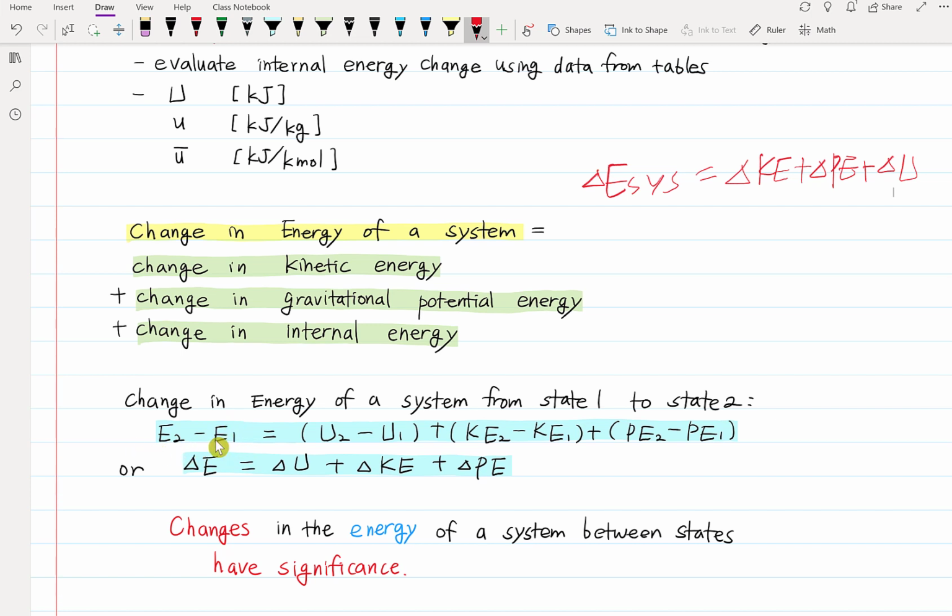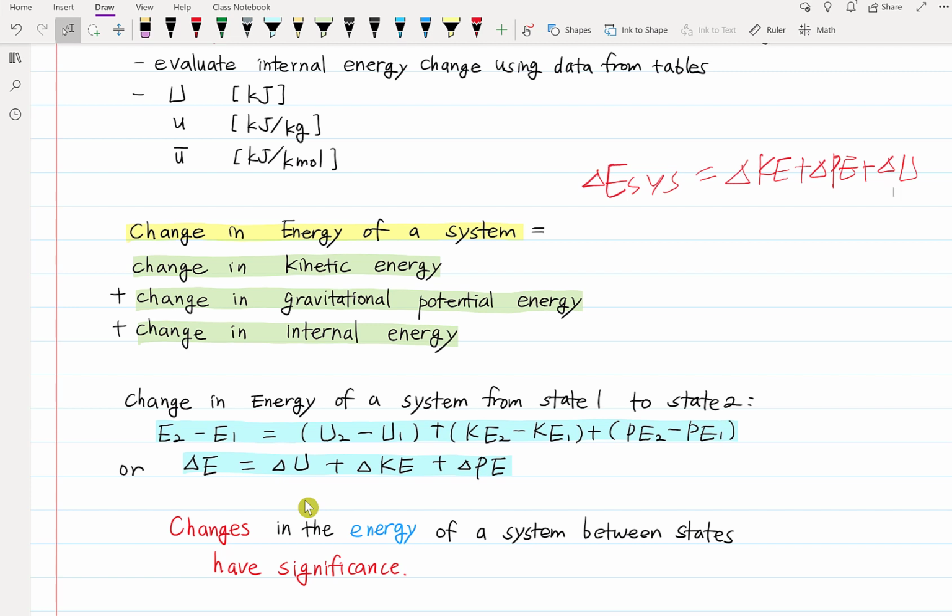So energy transfer to or from the system equals U2 minus U1, state 2, state 1, plus KE at state 2 minus KE1, plus potential energy at state 2 minus potential energy at state 1. So you need to know that we are interested in the change in the energy of a system between the states.